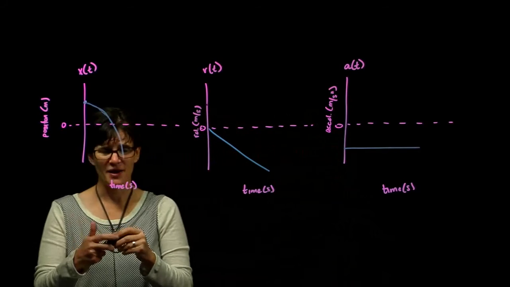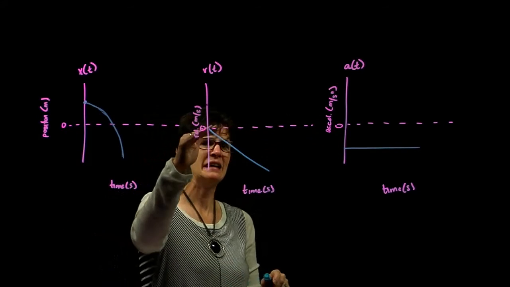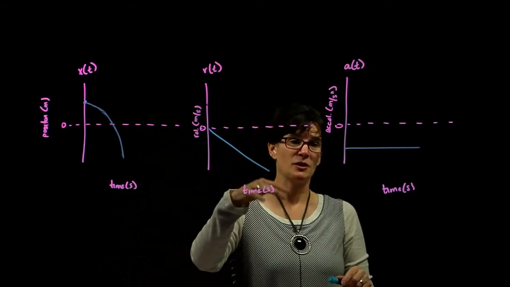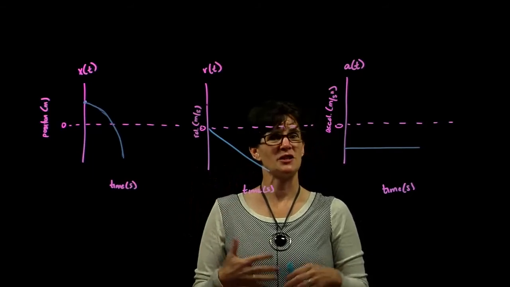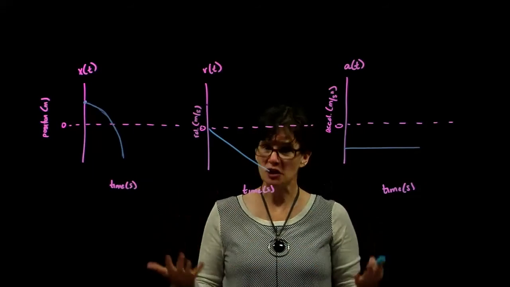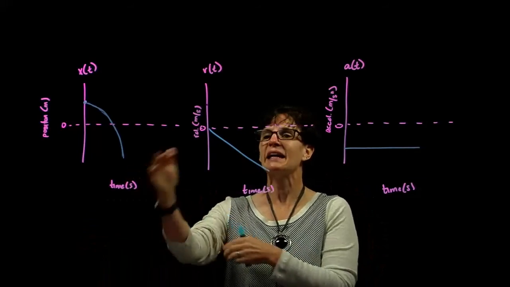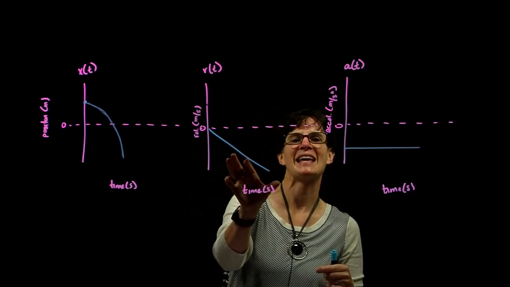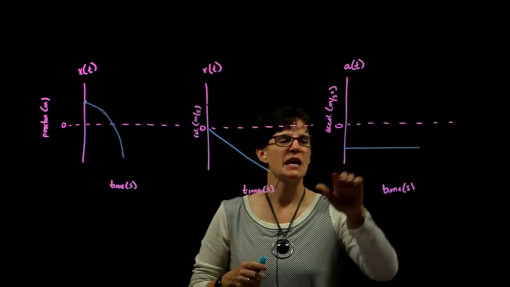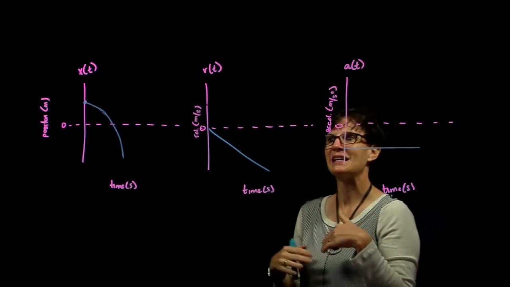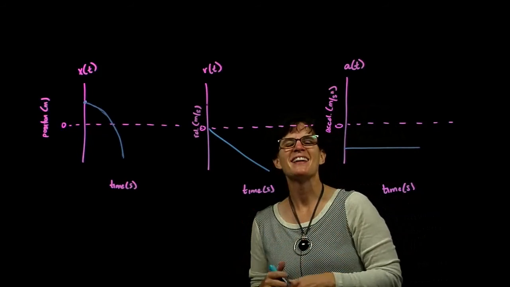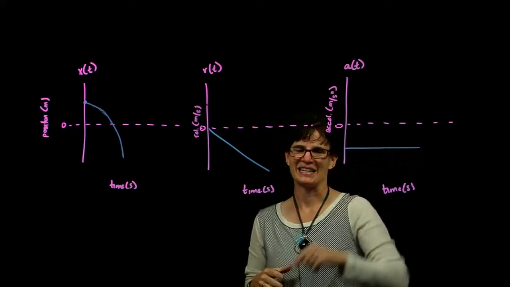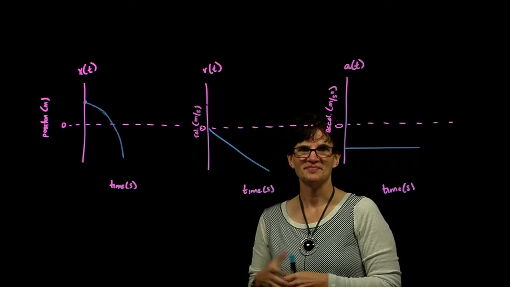Another way to think about it is that my velocity is getting faster and faster, bigger and bigger. So my acceleration is a non-zero value. I am changing my velocity. And that value is getting bigger and bigger negatively at a steady rate. And so my acceleration must be negative and at a steady rate. All right, good job.